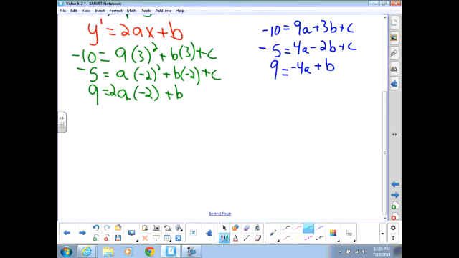So just like last time, we now want to turn these into just two equations with two unknowns. And we already have one of those. We have the 9 equal to -4a plus b. And just like before, we'll subtract these two equations.